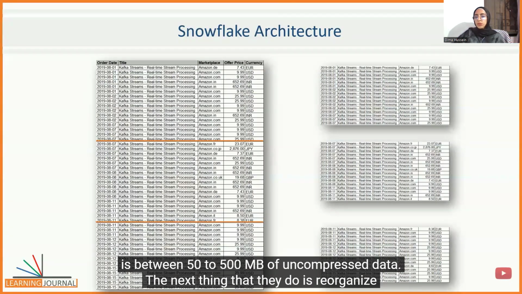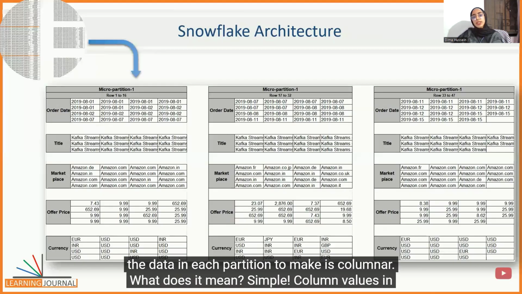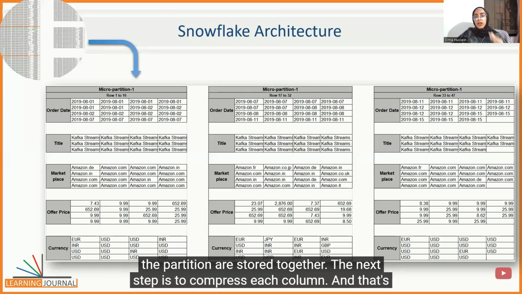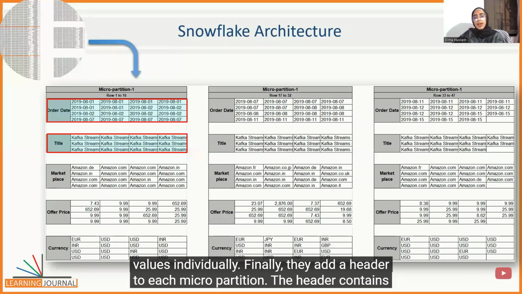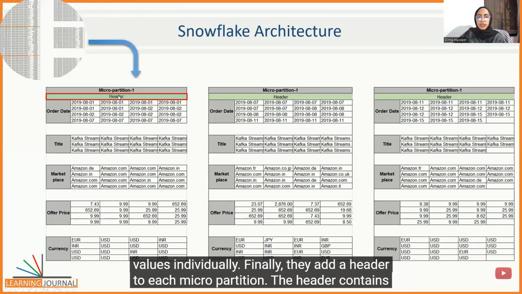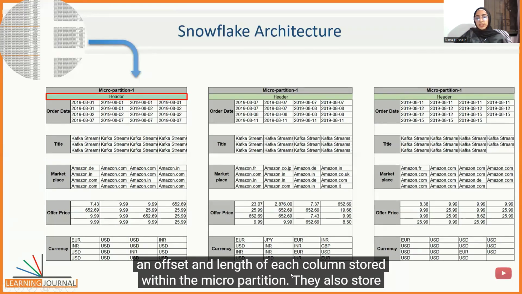The next thing they do is reorganize the data in each partition and make it columnar, which means the column values in the partition are stored together. The next step is to compress each column's values individually. And they add a header for each partition, as you can see. The header contains the offset and the length of each column stored within the micro partition.